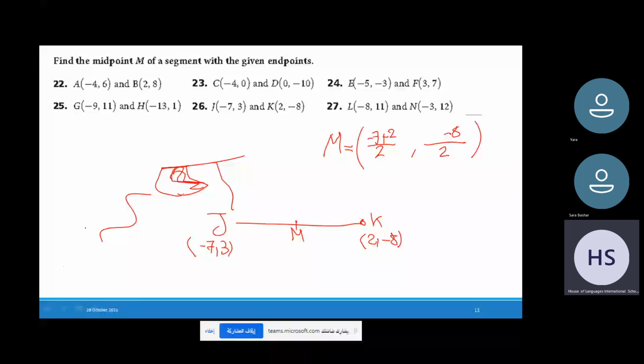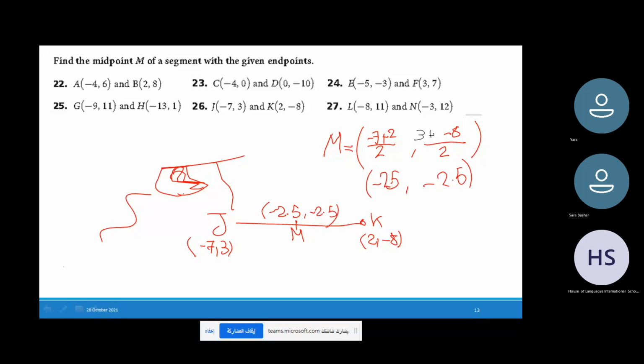Now, -7 plus 2 is -5. Divide by 2, -2.5. Bravo. Now, 3 plus -8 is -5, over 2, -2.5. So the coordinate of the midpoint will be (-2.5, -2.5).